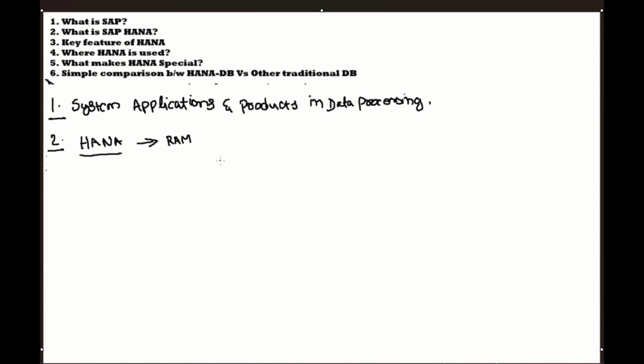Another example: if you want to read something or do analysis on a topic in a book, and that book is available in your room, you can easily pick the book and read it and do the analysis. But if the book is not available in your room and is in the library, you have to go there, search for the book and the topic, and then read and analyze it, which takes time.